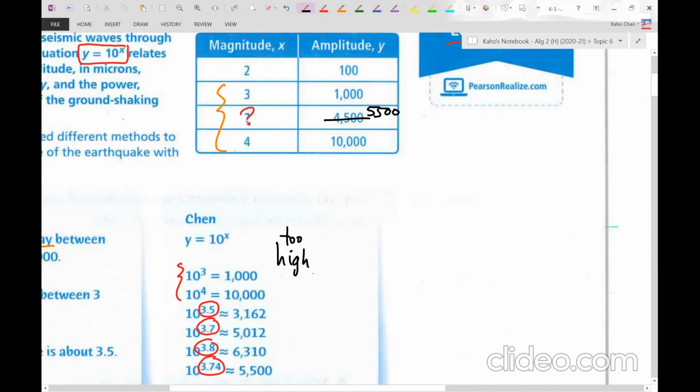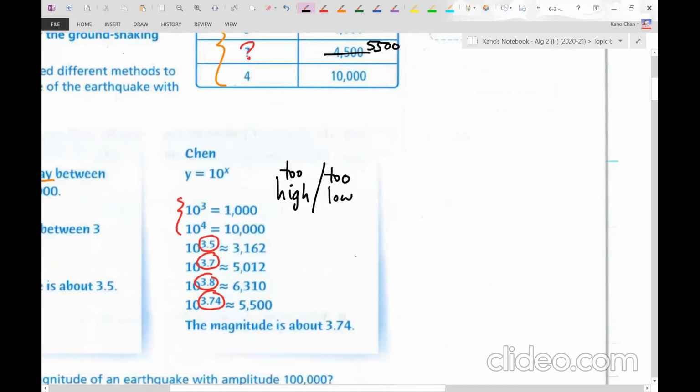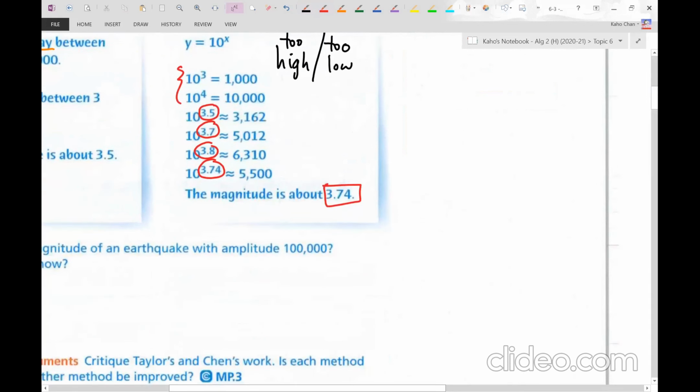Too high, too low, and he's just approximating. And he gets to the point where he's very satisfied. When he pushes into his calculator 10 to the 3.74, he gets approximately 5,500. So that's his guess right there. Okay? Very good.